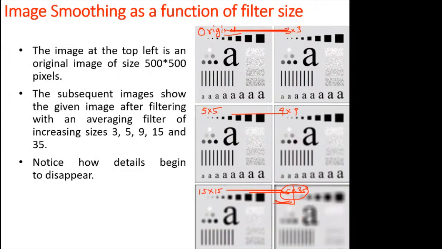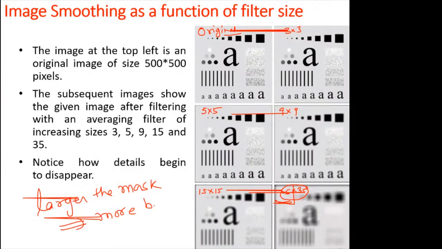So that means larger the mask, more blurring. ठीक है ना. हैवी लो पास फिल्टरिंग मतलब इसी को कहेंगे हम. It's a heavy low pass filtering.